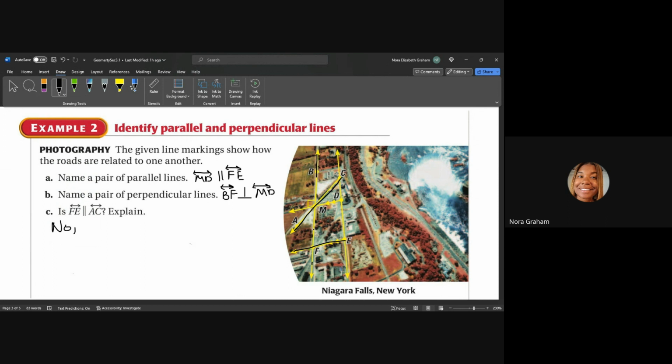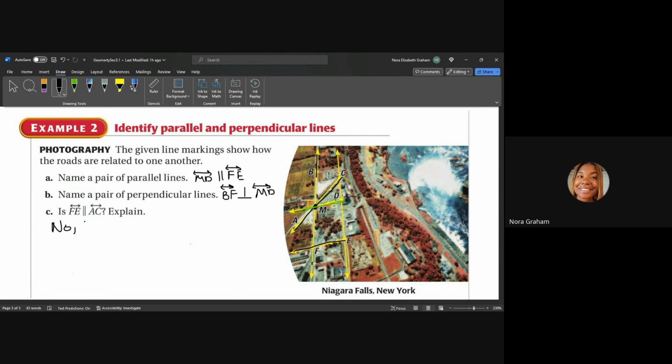In our postulates, it says that if I have a line, our line is FE, and I have a point that's not on that line, point M, I can only have one line go through that point and be parallel to FE. That one line we already said is this one. I can't have another one going through that, which would be AC. So there's no way that I can have two parallel lines for FE, right?